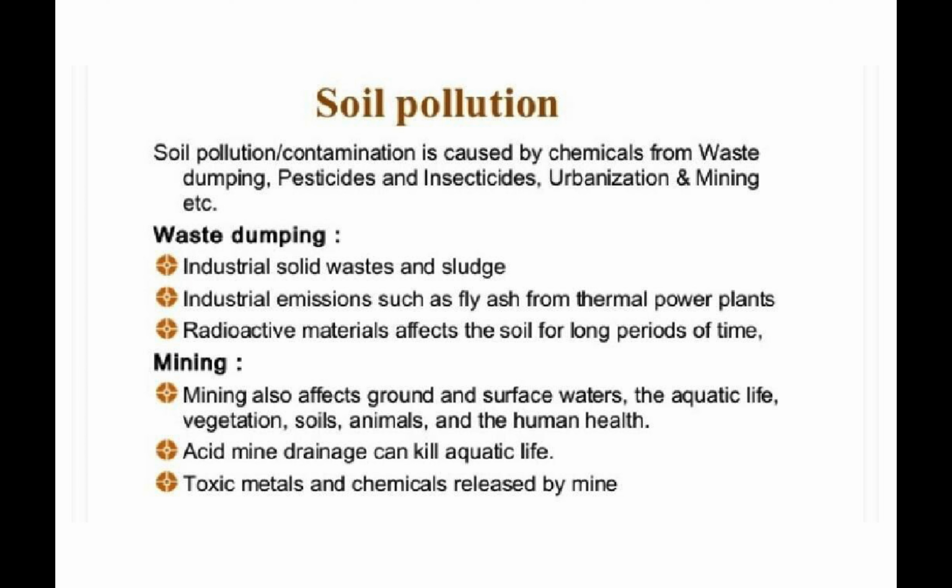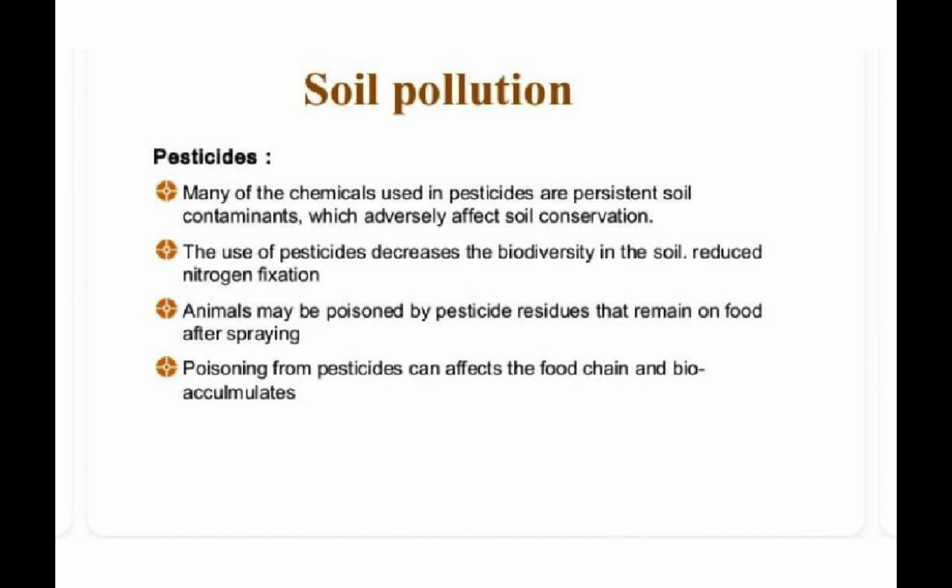Then acid mine drainage can even kill aquatic life. And toxic metals and chemicals released by mines are all causing soil pollution. And also pesticides, many of the chemicals are used as pesticides. They are in the soil, which contaminates and adversely affects soil conservation. Then what happens when you use pesticides in a great quantity? It decreases the biodiversity in the soil and reduces nitrogen fixation, thereby damaging the crops.